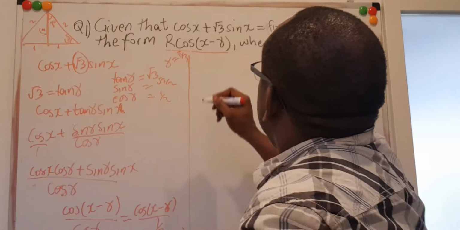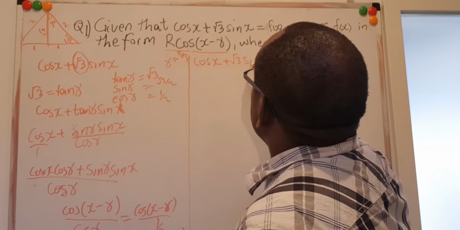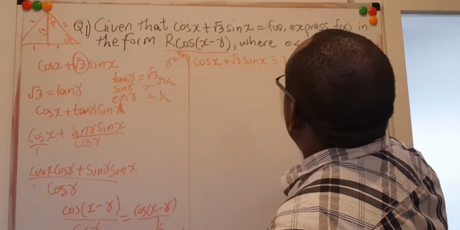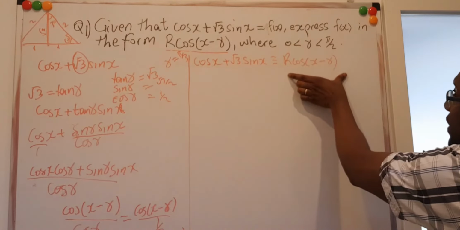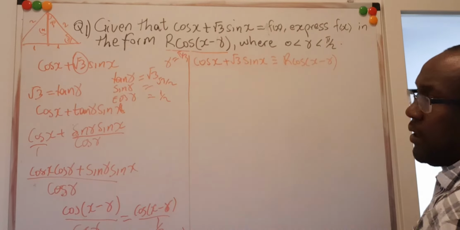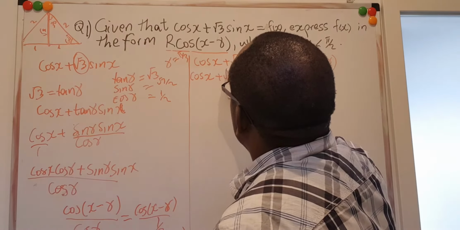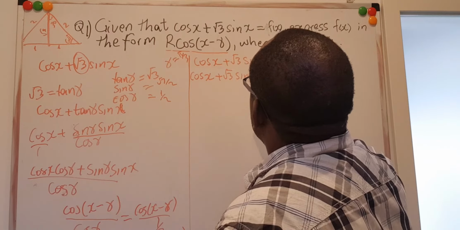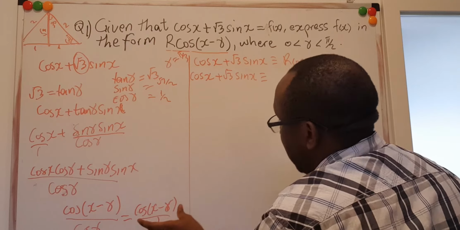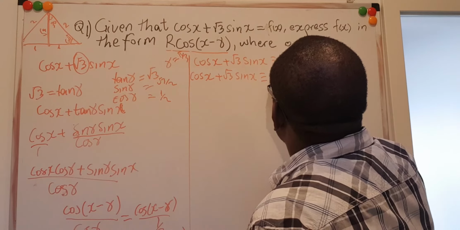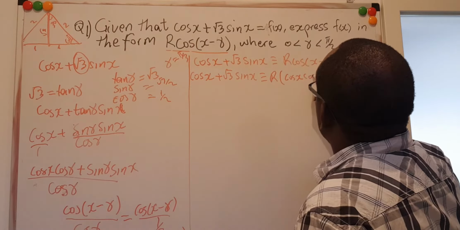Alternatively, since we have to express cos x plus root 3 sine x as r cos(x minus gamma), I can expand this side and then equate the corresponding terms. So cos x plus root 3 sine x is identical to, doing the reverse process, r into brackets cos x cos gamma.